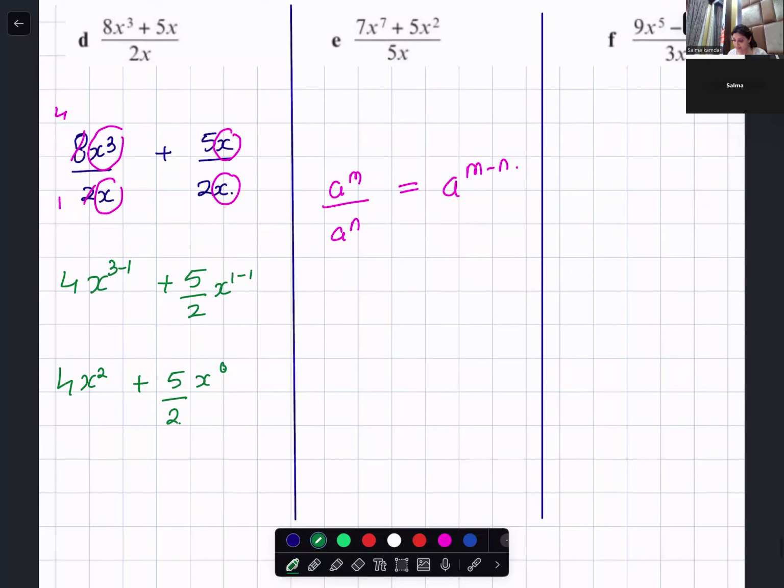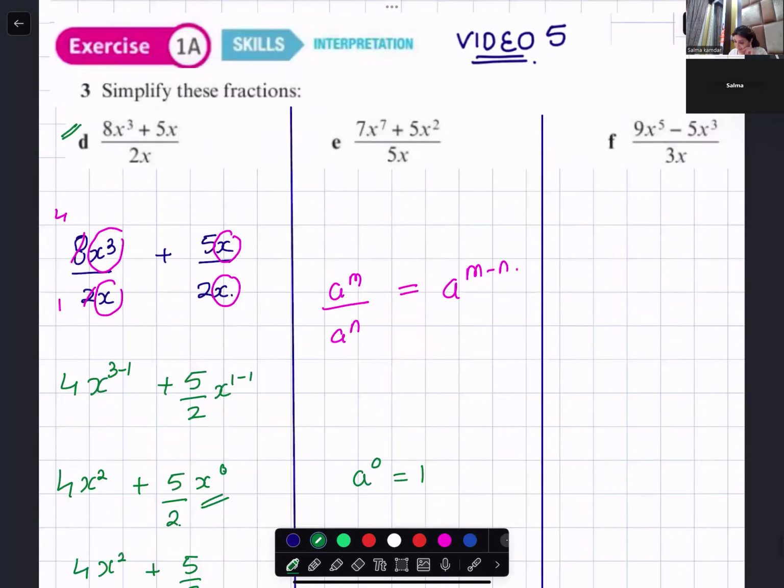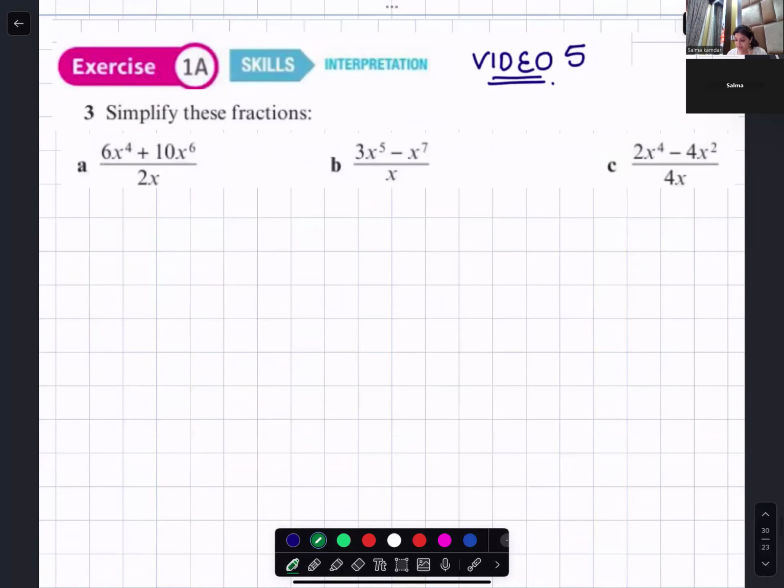Anything raised to 0 is what? 1. So it becomes 4x squared plus 5 by 2. Because the law of indices says that a raised to 0 is 1. Please note this is the D sum. Let's do the first sum, A sum.